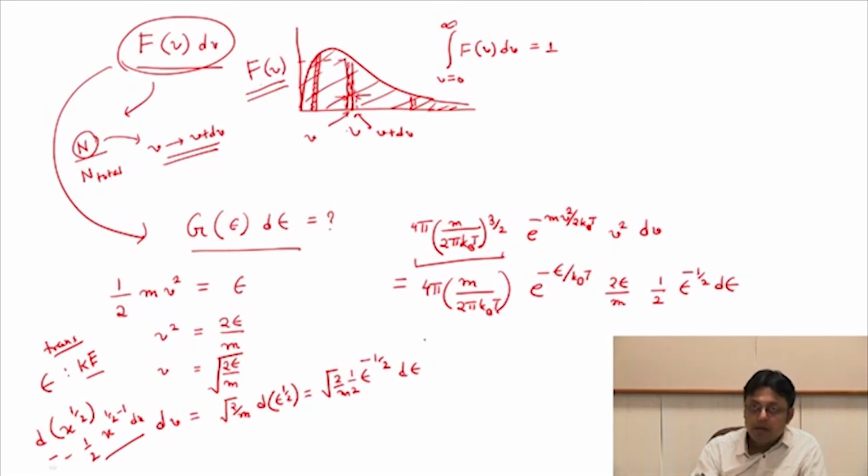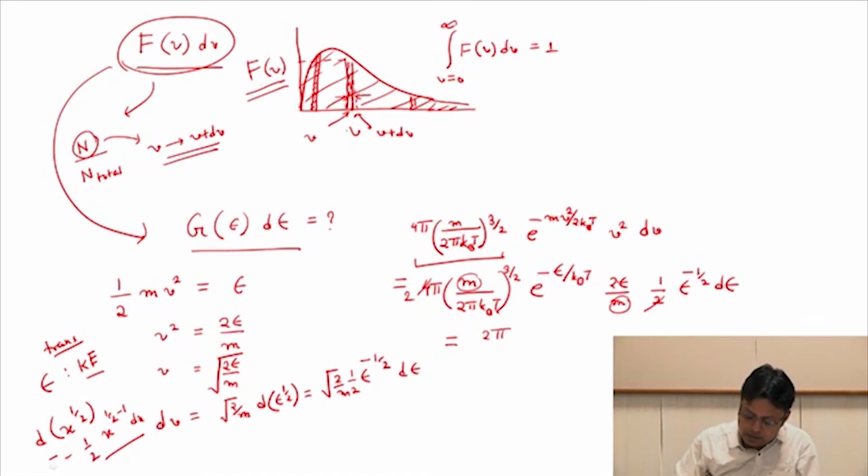Now if you just rearrange the terms, look at it carefully. I have this raised to 3 by 2. Now this 4 pi, and there's a 2 here, so I can write it as 2 pi.